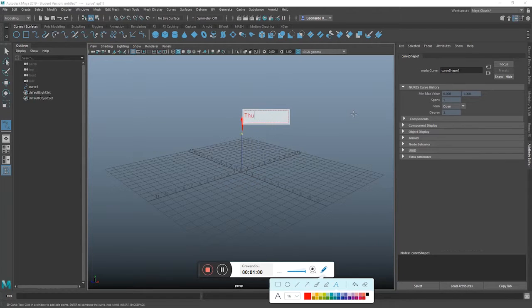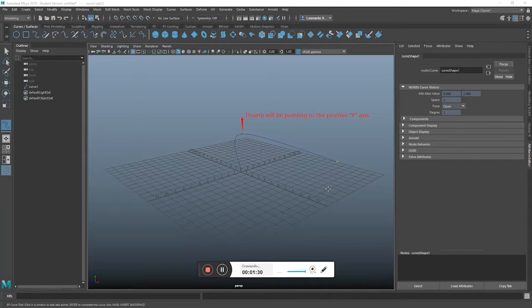So thumb will be pointing to the positive y-axis.